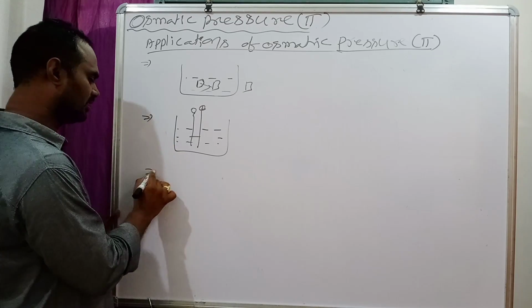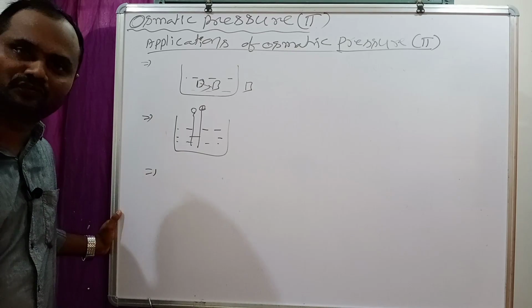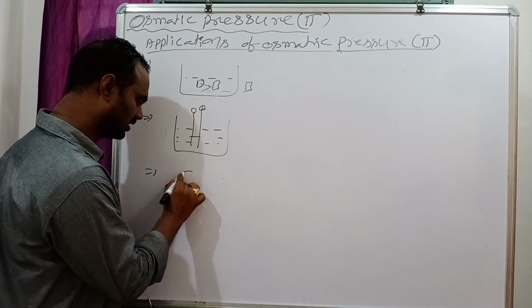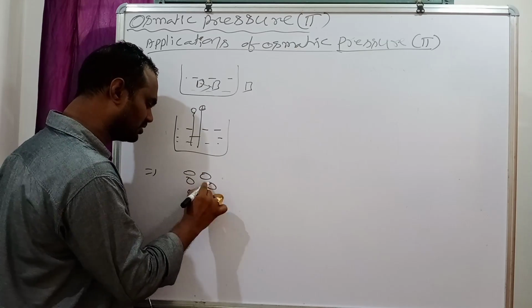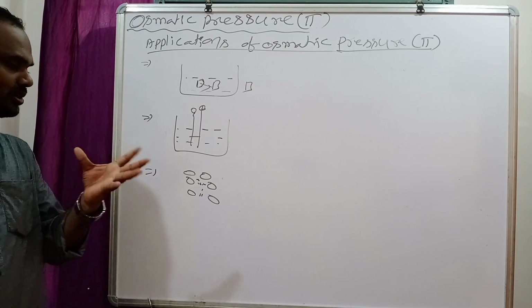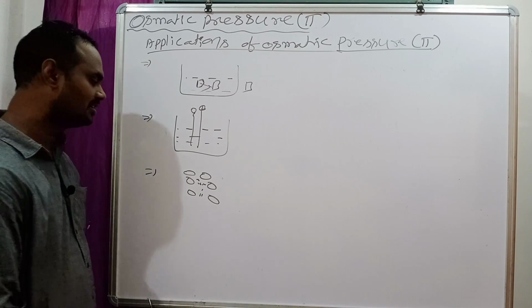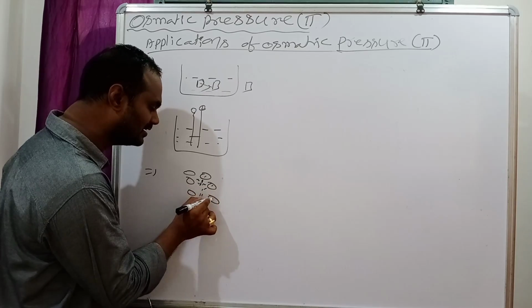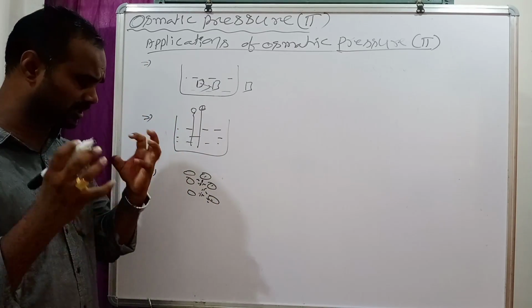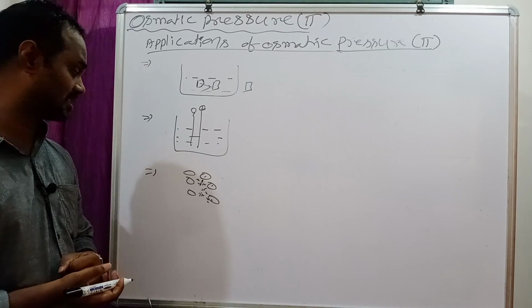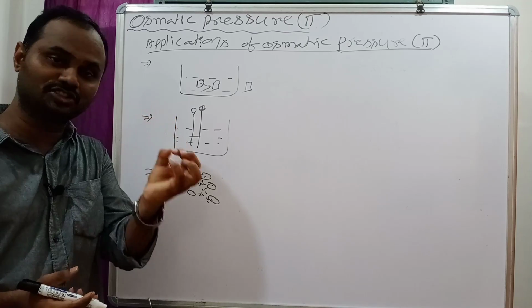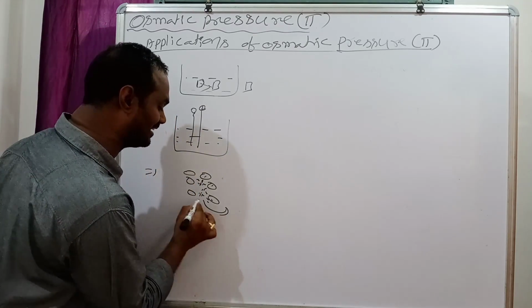Generally, in those who take salty food, in between the intercellular tissues the salt concentration increases. Due to the increase of salt concentration, it absorbs water from the cells. Due to absorbing water from the cells, the water quantity in the intercellular tissues increases.